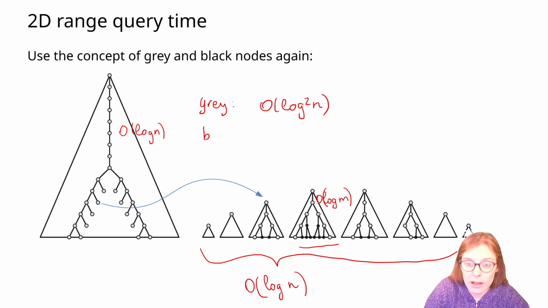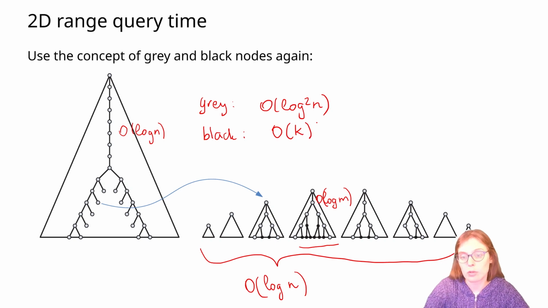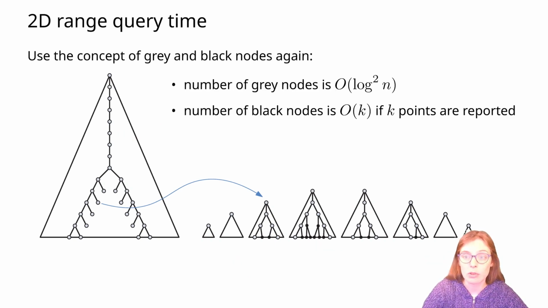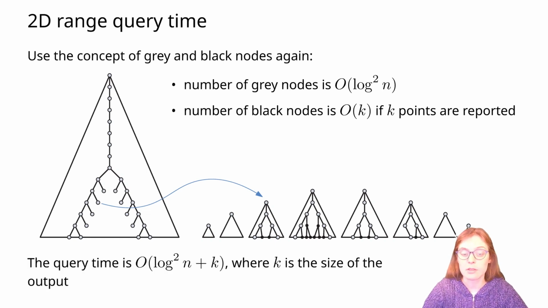The number of black nodes is still big O of k, the number of nodes that are reported. So, to summarize, the number of gray nodes is big O of log squared n, and the number of black nodes is big O of k, if k is the number of points being reported. This results in the total query time of big O of log squared n plus k.